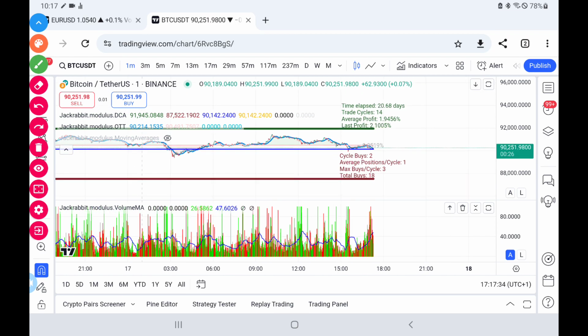And we see with the optimized trend tracker, we have an average position of 1, but we have a maximum of 3. But the number of trades is significantly higher. We went from 4 trades to 14 trades just from a very small change.